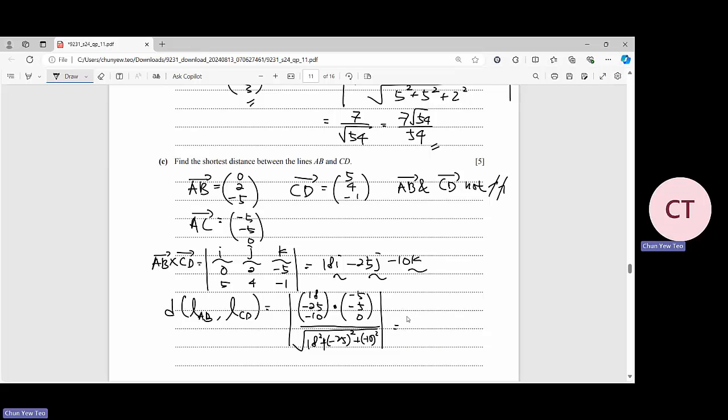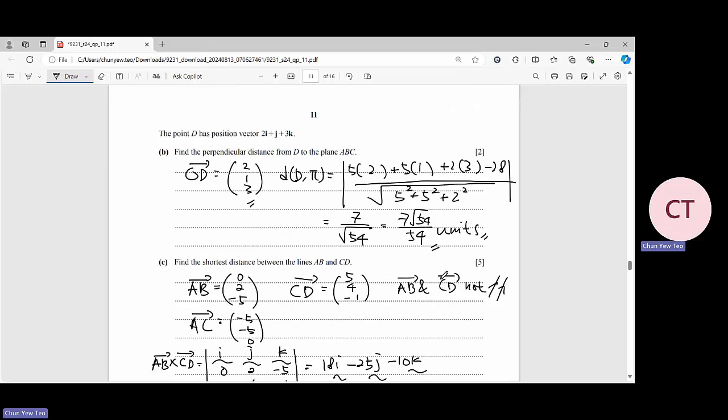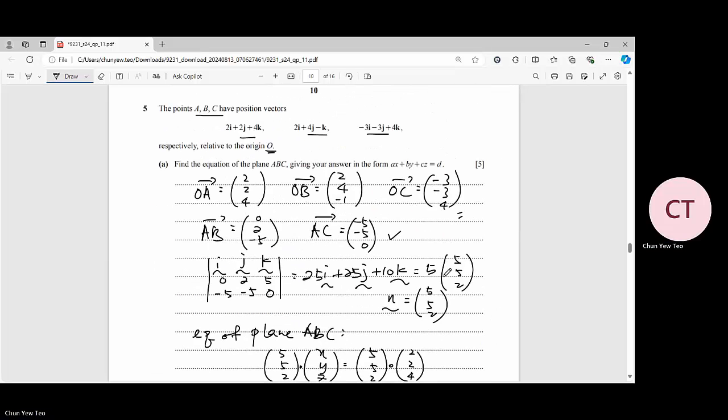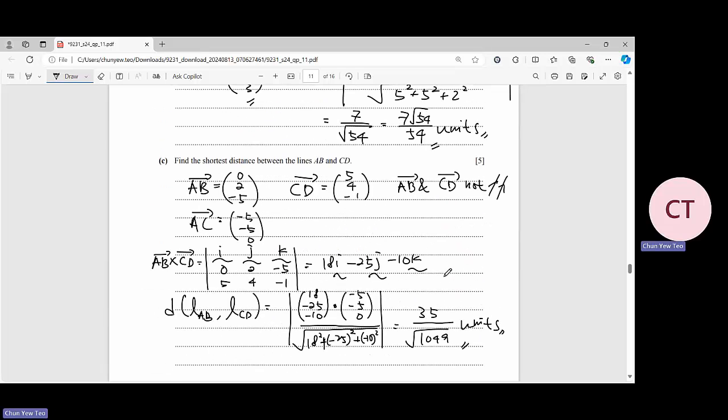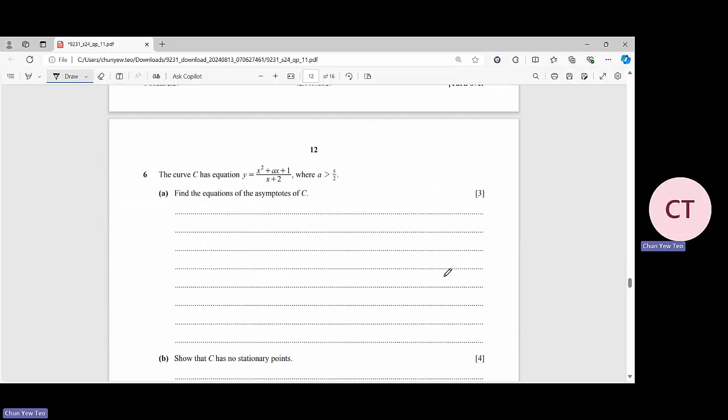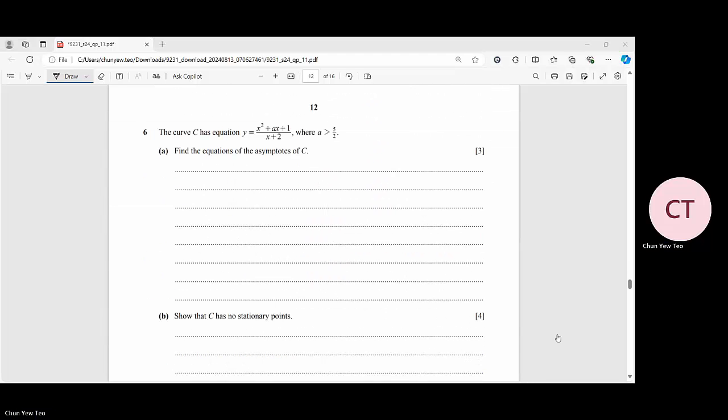Just press a calculator. You get 35 over square root of 1049. You can just leave the answer like that. This is also a unit. This will be the answer for question 5C. And moving on, this one is question number 6 already.